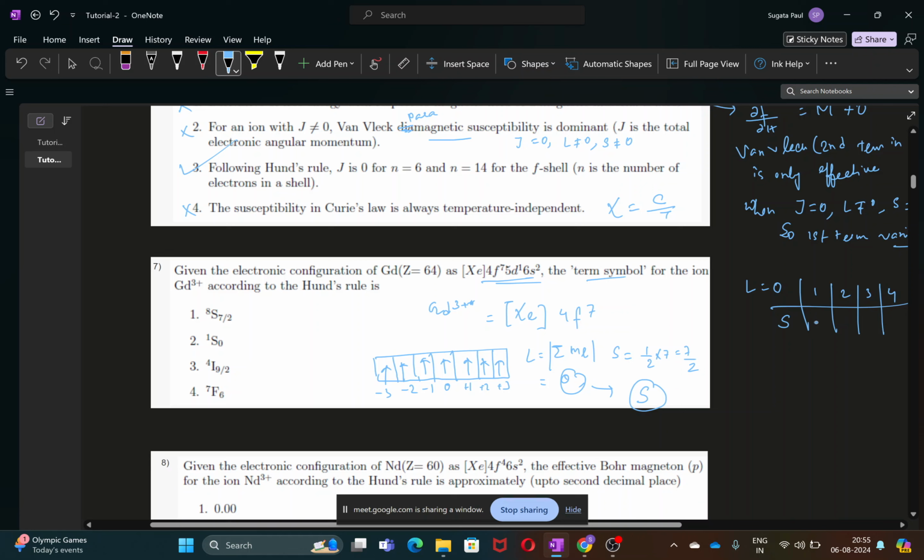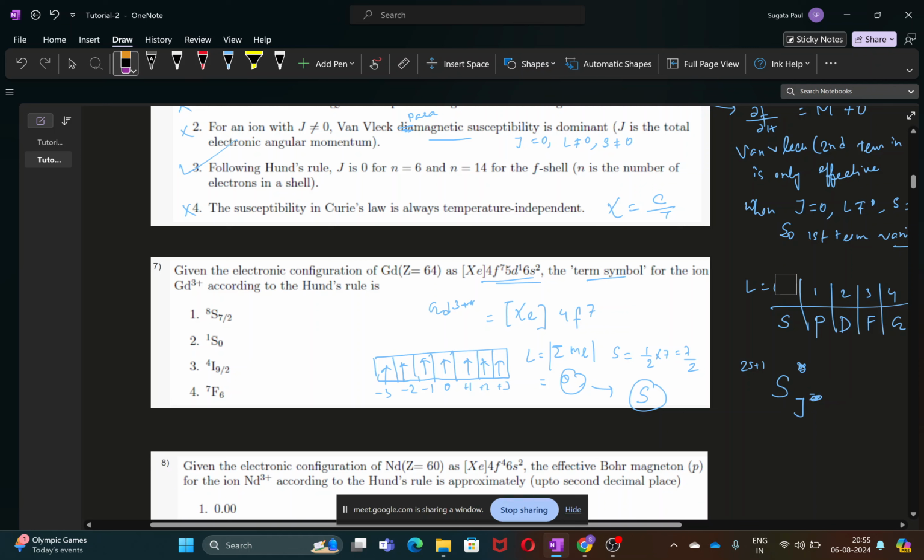So 0 is capital S, 1 is P, then 2 is capital D, for 3 the symbol is F, for 4 it is G, and similarly H, I, J, etc. So for L equal to 0 you have to use the symbol S. Now the term symbol is written like 2S plus 1, where this S is the spin angular momentum S, and the other S is the term symbol S. So both are different. And in the subscript you have J. So this is the rule of writing this.